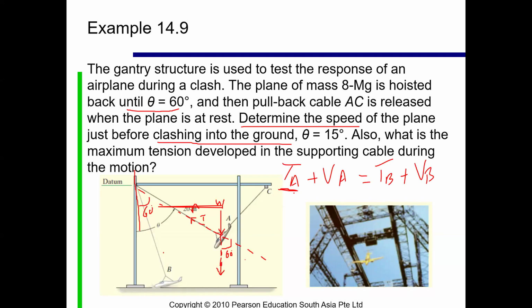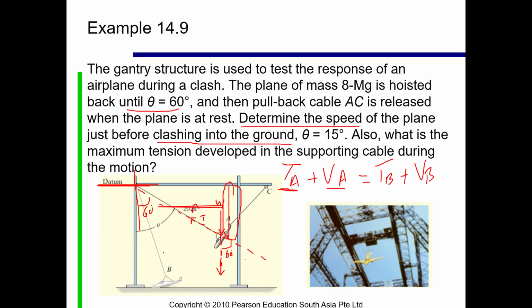Zero, because velocity is 0, right? What about the potential energy? For potential energy, the picture is showing you the datum is fixed here. So technically speaking, you need the distance; this height is needed.